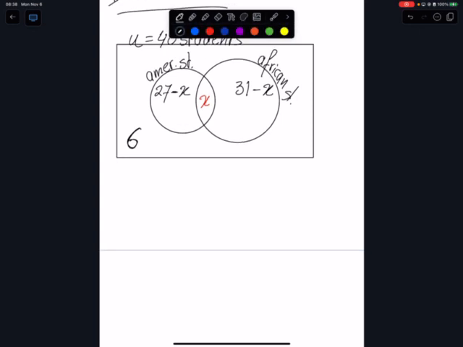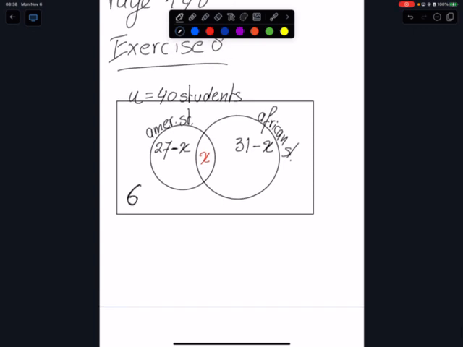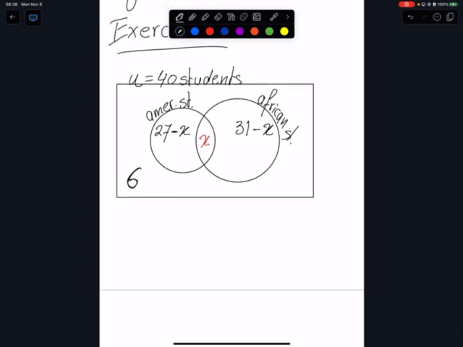So how do I find the X? This is pretty much chapter 4 placed into chapter 6. So you know the total is 40. So when I count everything, the total has to be 40. Because if I count 27, 31, and 6, these are more than 40.